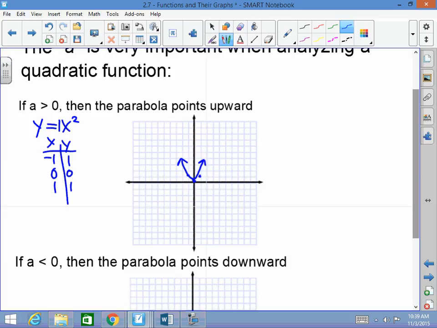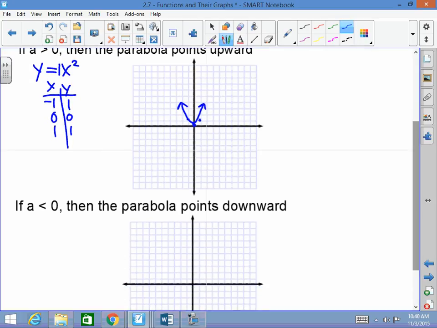It's that simple. If A is less than 0 and it's negative, you're going to have a function that points downwards. So for example, let's say it was y equals negative x squared. When x is negative 1, squared is 1, times a negative is negative 1. 0, 0. 1 squared is 1, times a negative is negative 1. So I've got 0, 0, 1, negative 1, negative 1, negative 1, and my graph points downwards.